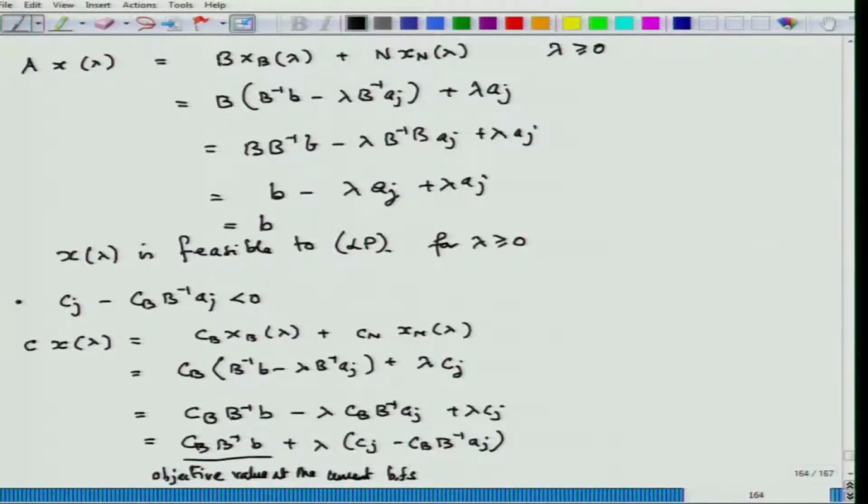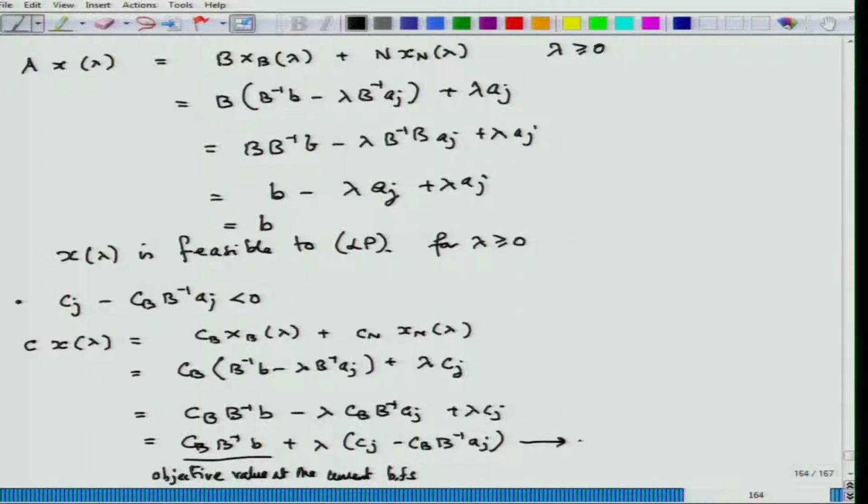If I make lambda positive, I can keep on making it larger, x lambda would still remain feasible, but this value would go to minus infinity, because this is a fixed negative number and this is a positive number I am making larger and larger. So, this will become negative and continue to go down as lambda goes up to plus infinity.